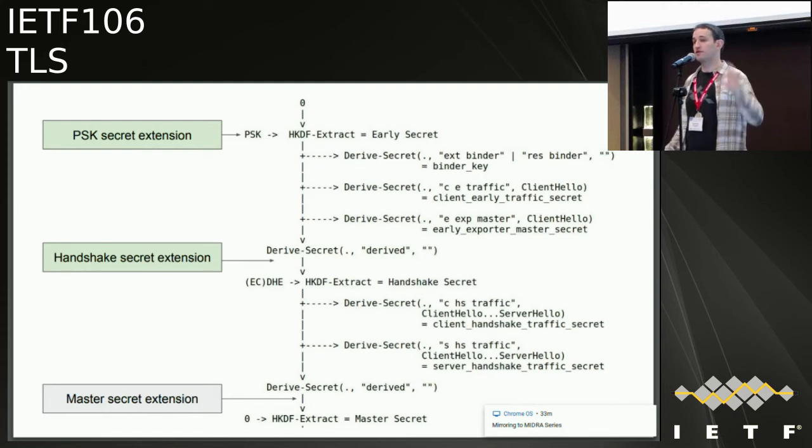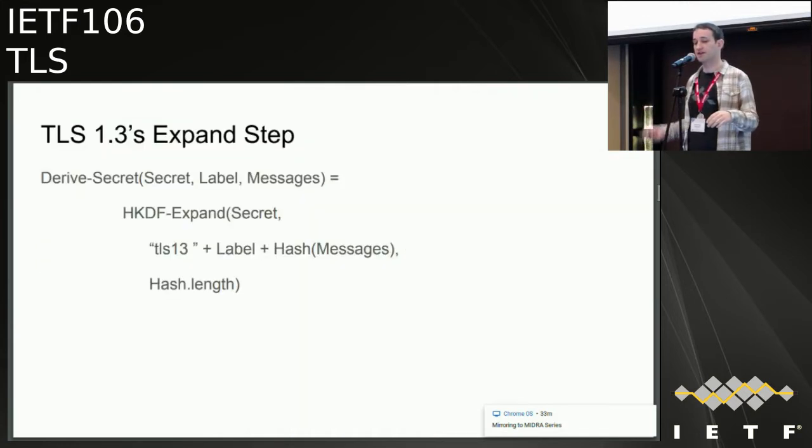We want to modify the way PSKs are used such that we can do fancy things, and we want to inject an extra secret before the Diffie-Hellman. Kartik suggested that we could also inject just before master secret, but that's for discussion.